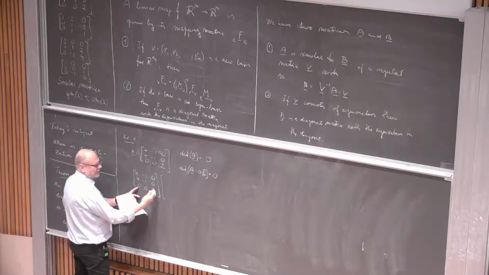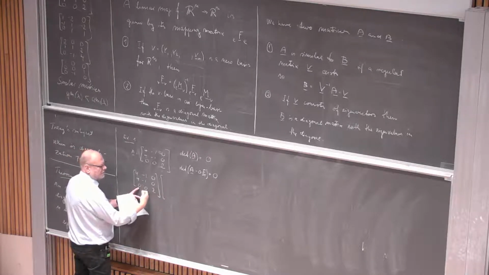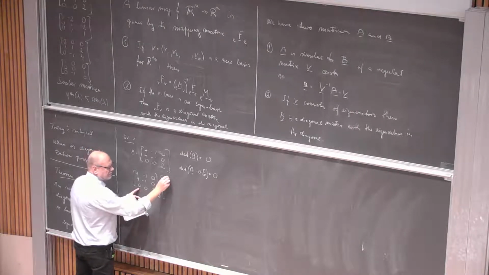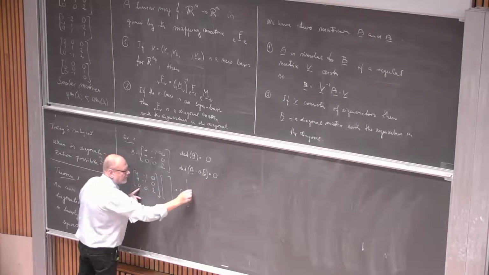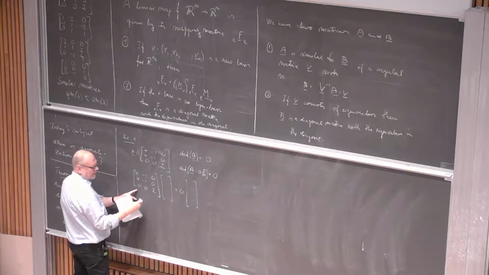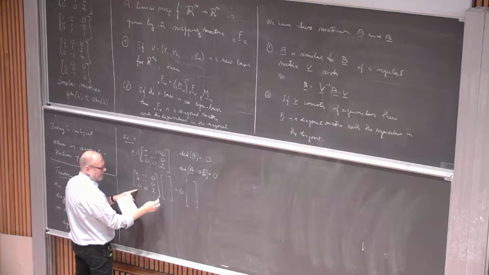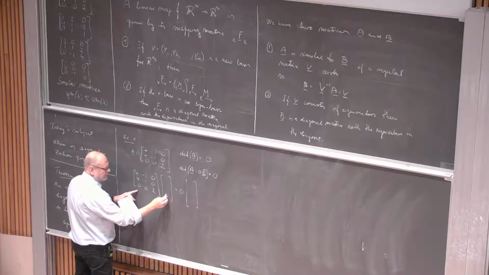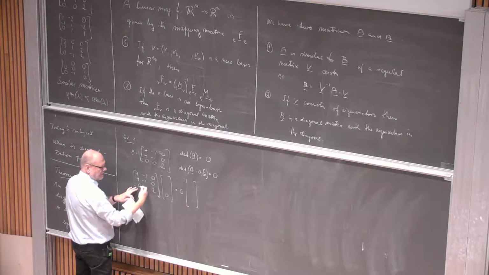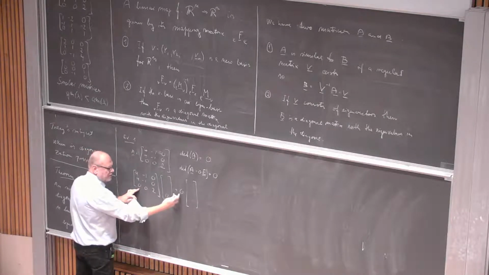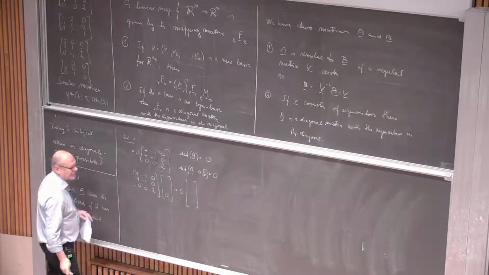You can see in order to get this mapped into 0, you could put a 0 here, and if you have something here, then the product with the last row here will be 0. So this is okay.